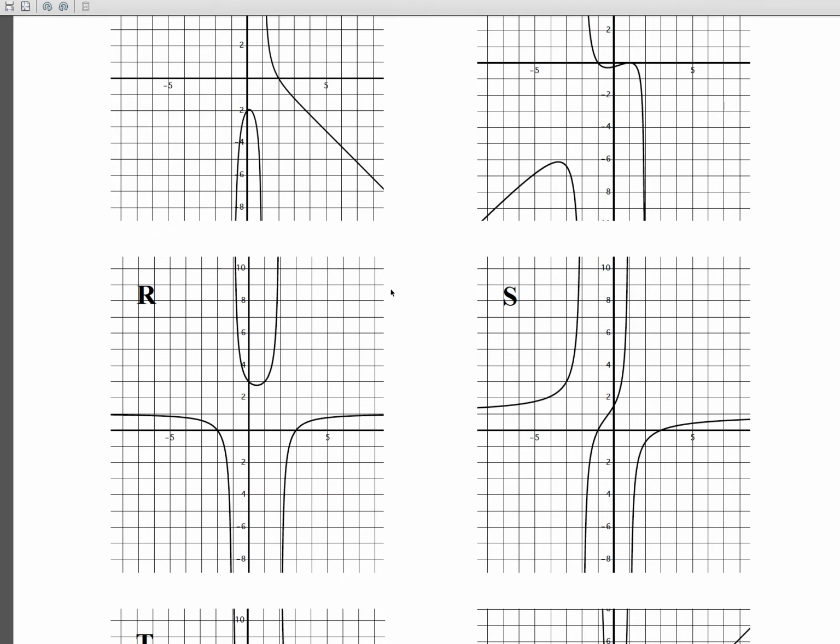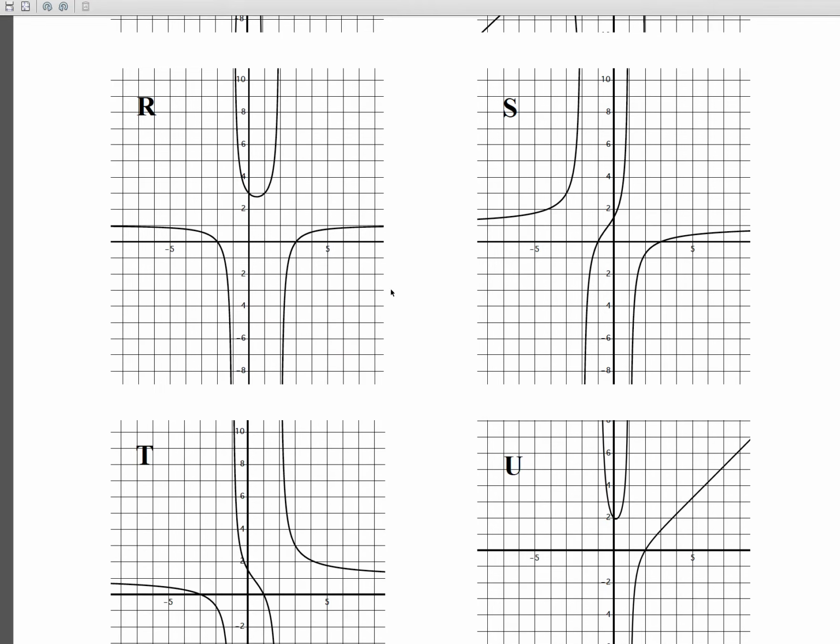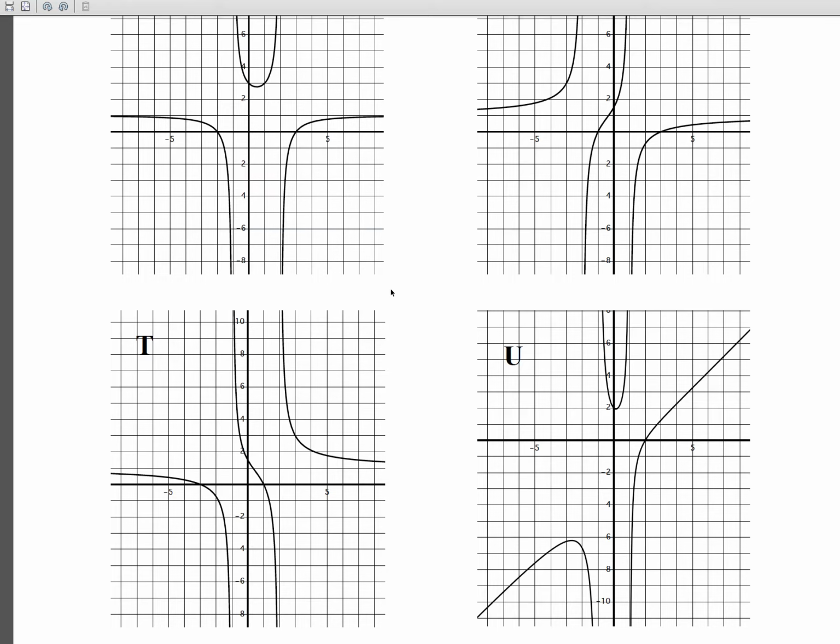So we come down here to graph U, and so we have an x-intercept at 2, a y-intercept at 1, and vertical asymptotes at -1 and 1. Now it's hugging the graph.